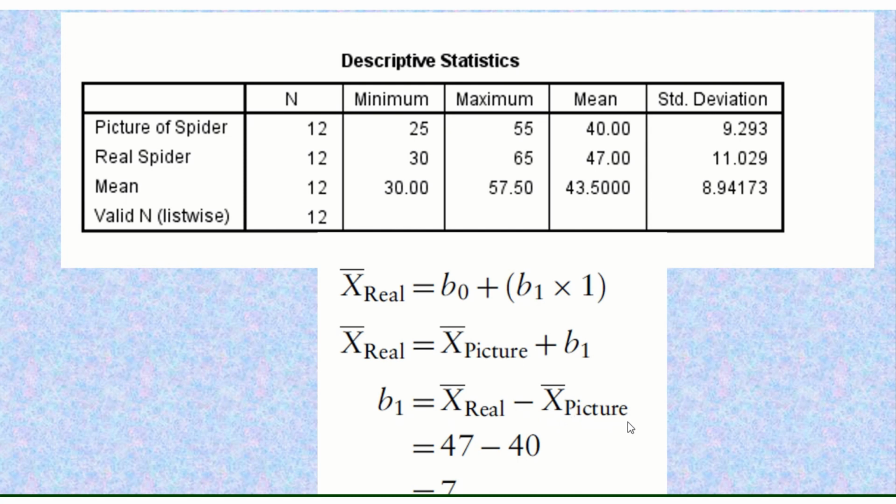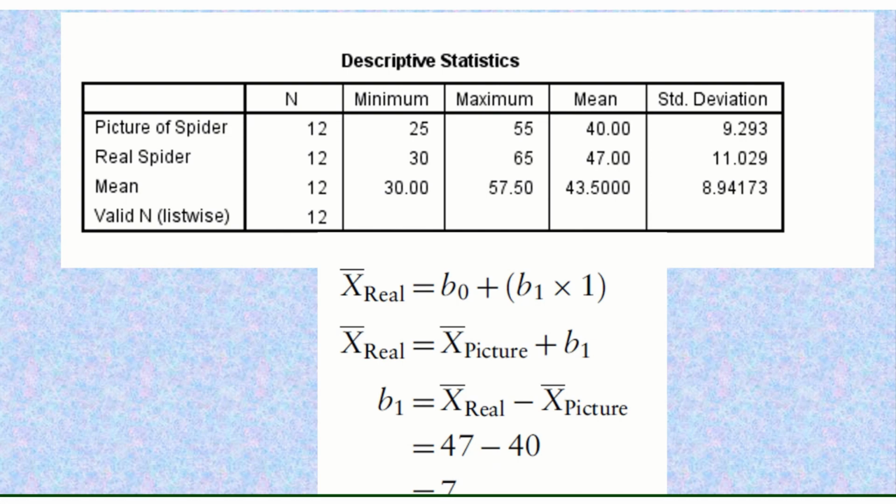Going back to the table, replacing it with its values, the mean for the real spider is 47, while the mean of the picture is 40. So 47 minus 40 will give us 7. Meaning to say our b sub 1 is equal to 7, or the weighting of our predictor is equal to 7.